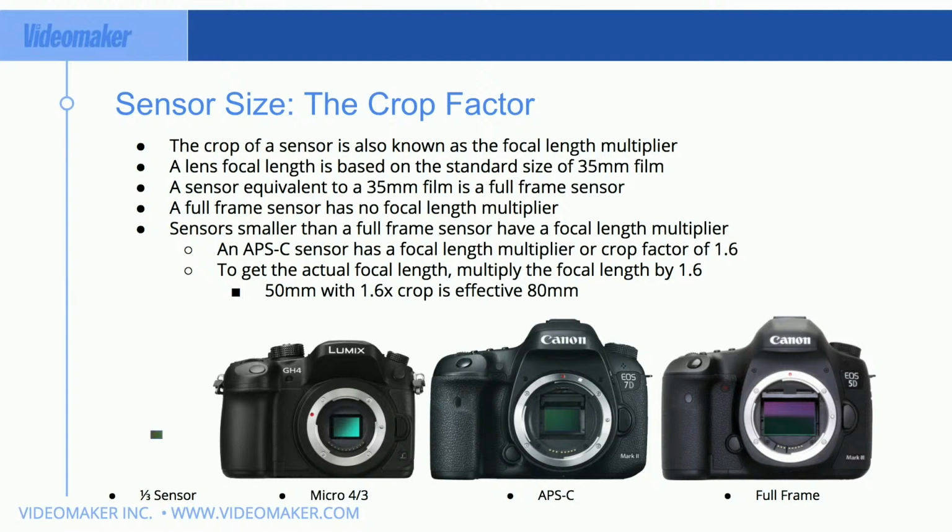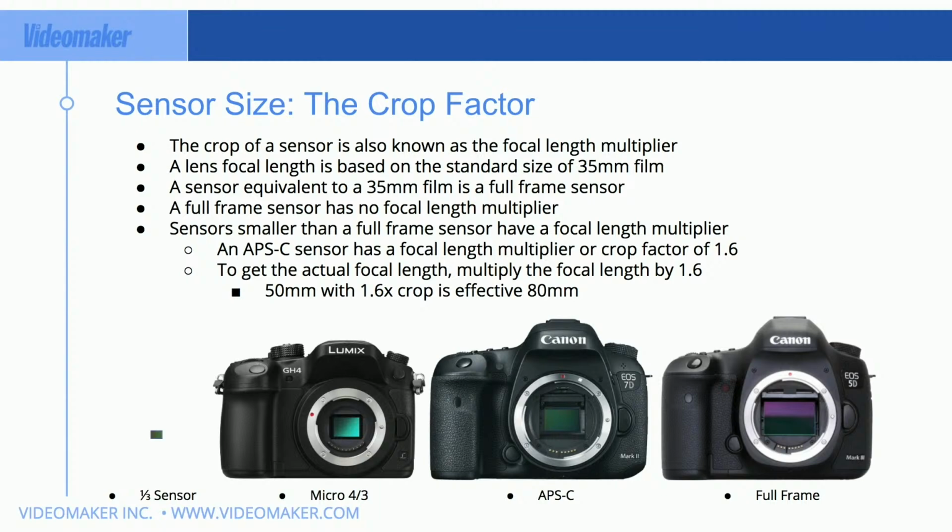Okay, sensor size and the crop factor. Everything below a full frame camera, which we call full frame now, comes from the history of film and still photography. These are really still photography first cameras.